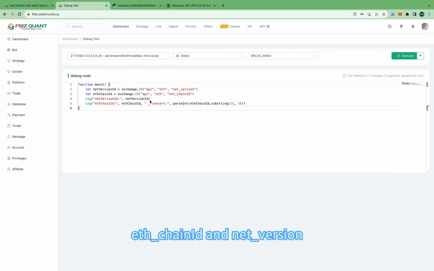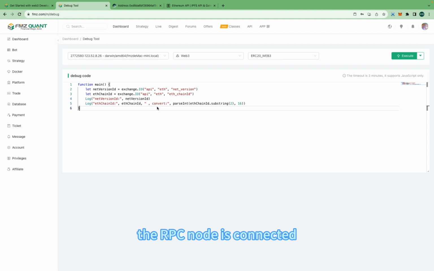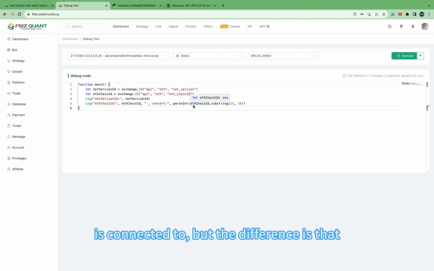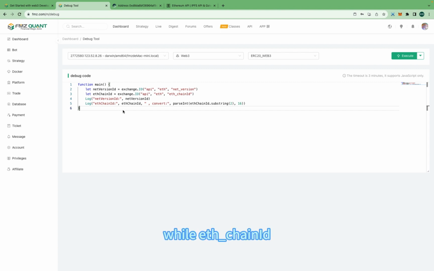ethchainid and netversion have similar purposes, so we will test them together. Both functions return the ID of the blockchain that the RPC node is connected to, but the difference is that netversion returns the ID in decimal format, while ethchainid returns the ID in hexadecimal format.